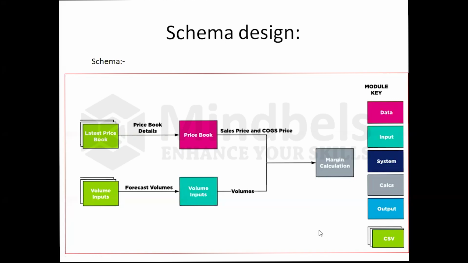So here the latest price book and the green blocks are being used as data hub. This representation is a file-based load. You will see there CSV.